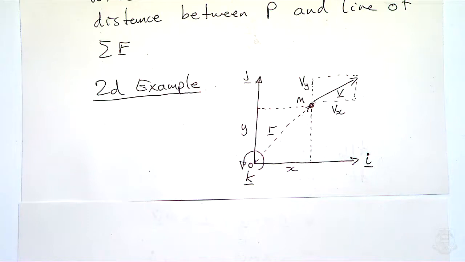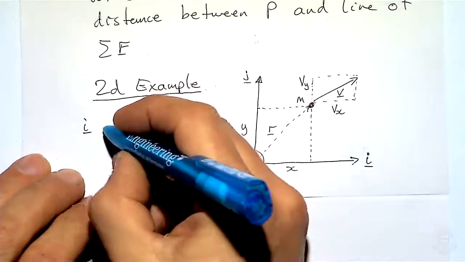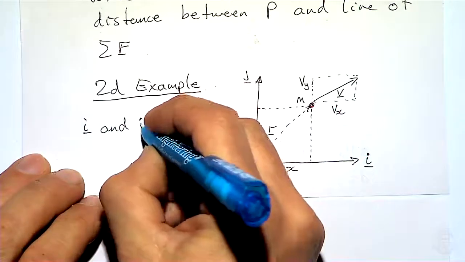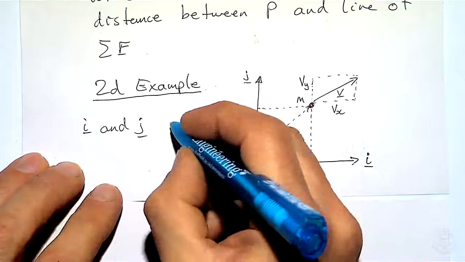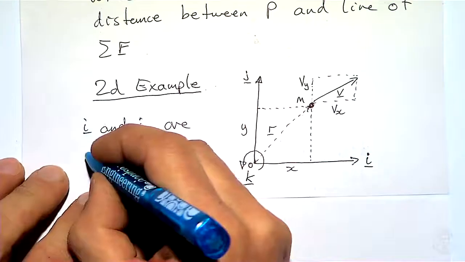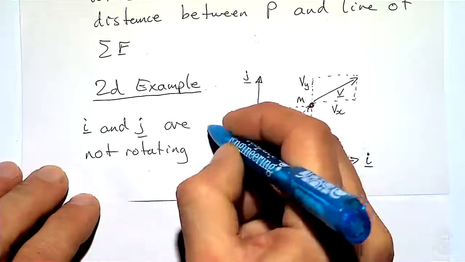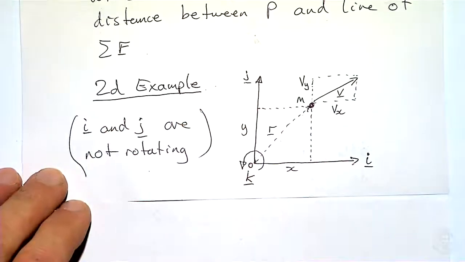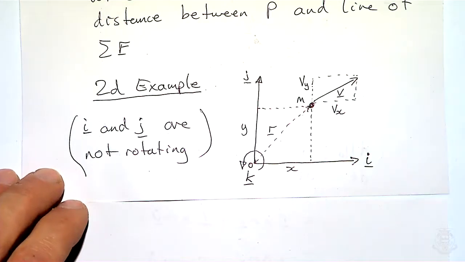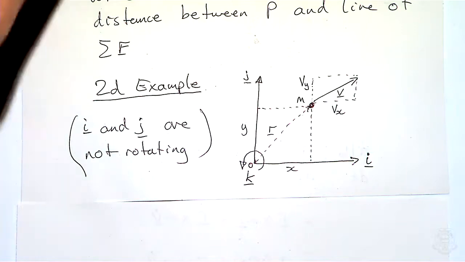Just to note that I and j are not rotating. Last time we did rotating stuff. In this case, they are not rotating.